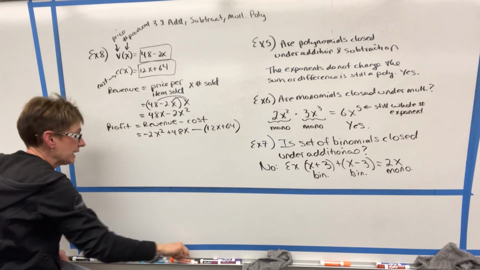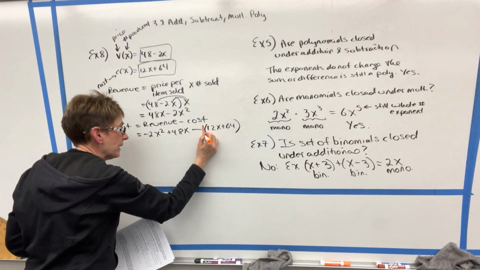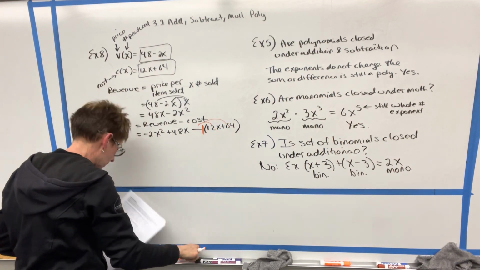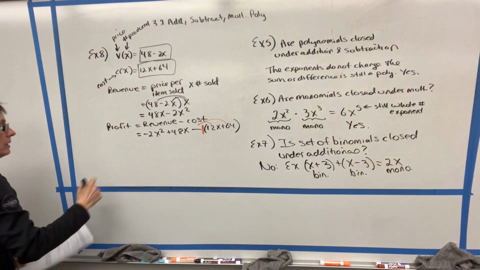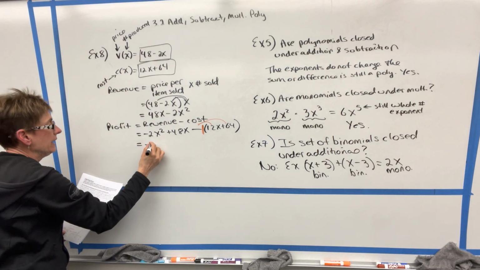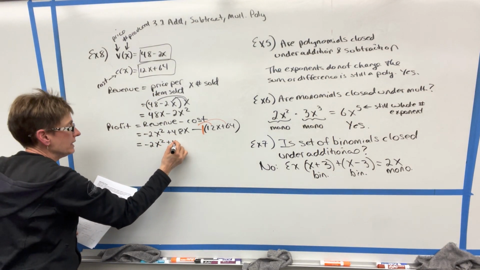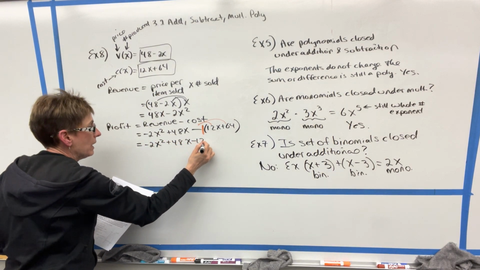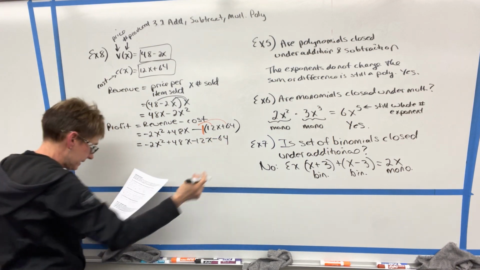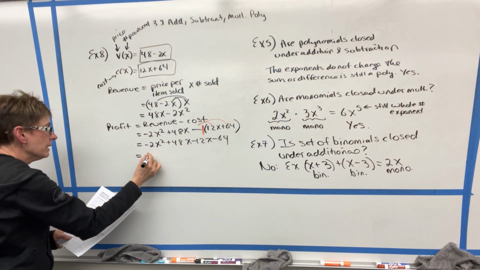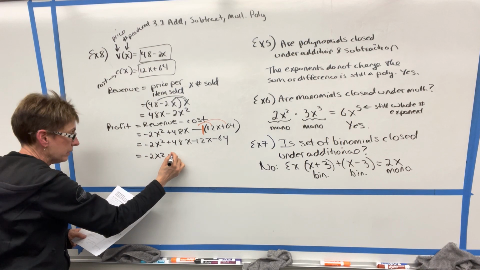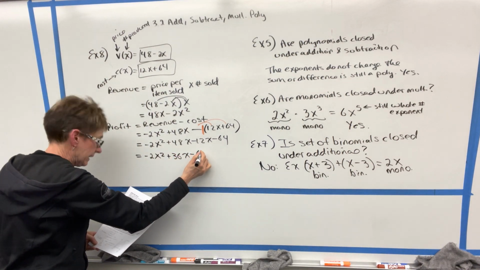Now notice there is a minus sign in front of the parentheses, so we're going to have to distribute that. So this is going to be negative 2x squared plus 48x minus 12x minus 64, or negative 2x squared plus 36x minus 64.